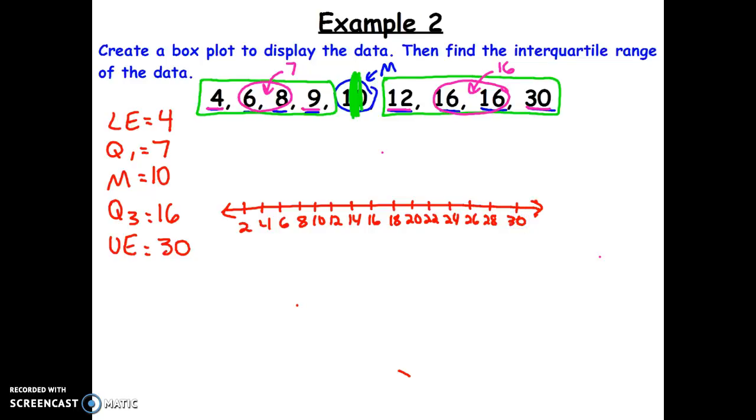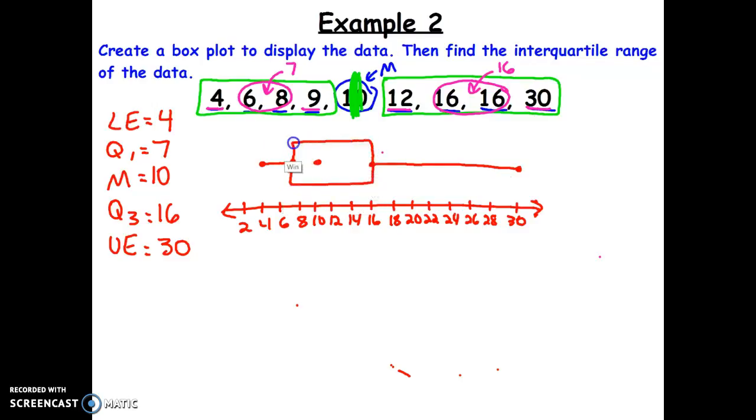All right, so after you do your number line, you just need to put a point to represent each of these values above the number line. So here's 4, 7, 10, 16, and 30. The first two points are joined together, and the last 2 points are joined together.